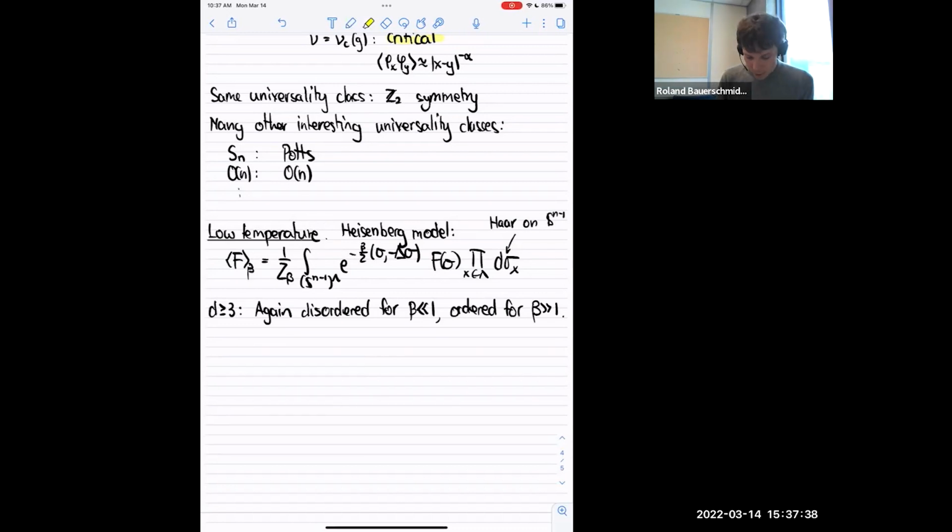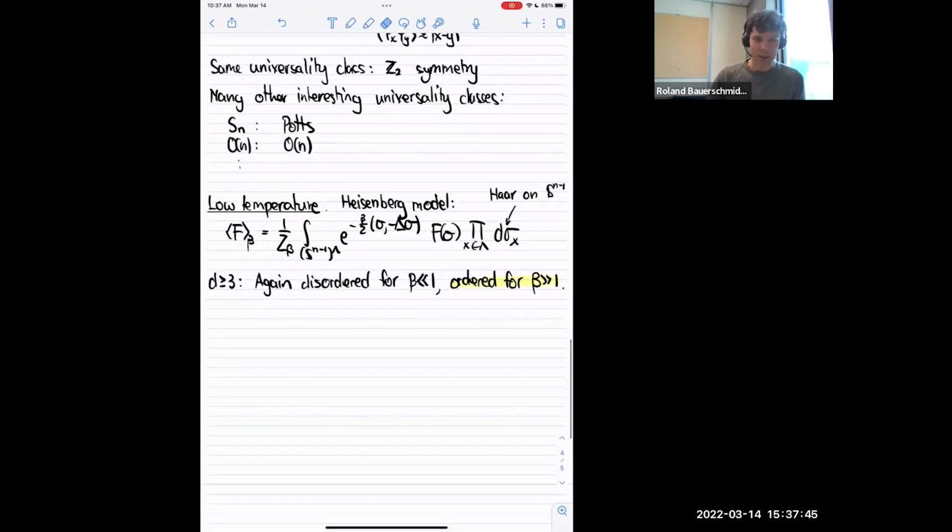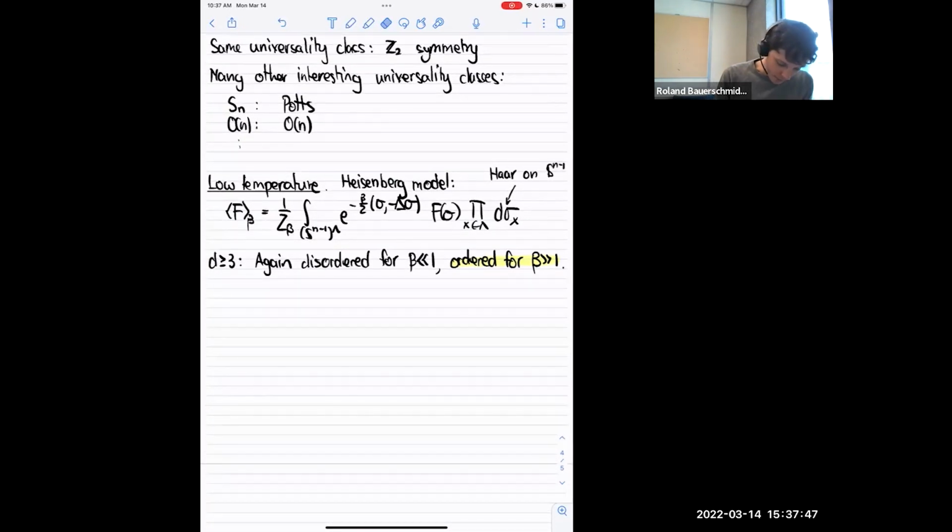Now, it turns out this ordered phase is much more subtle and interesting than the ordered phase of an Ising model. If you think of a Heisenberg model, for the purpose of illustration I'm going to draw one where the sphere is just a circle. In this case, the model is usually called the XY model or the rotator model.